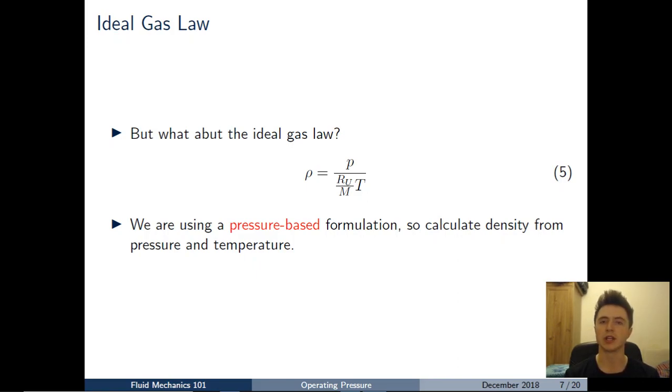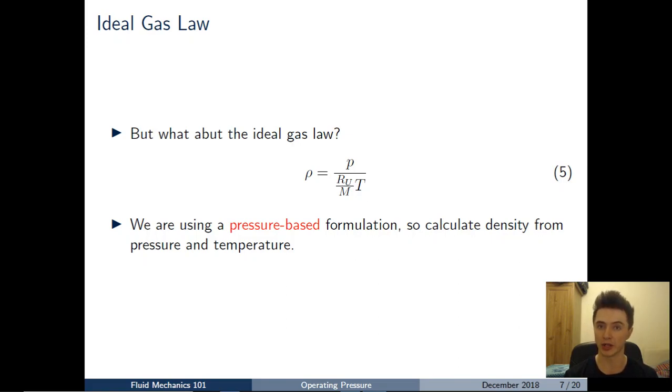And the reason we use this formulation of the ideal gas law to compute the density is usually in incompressible flow solvers we use a pressure-based formulation for the equations, and that means we solve the momentum equations for the velocity field, and then we manipulate the continuity equation into a Poisson equation for pressure. We use that to solve for pressure, and then we calculate the density from the equation of state, in this case the ideal gas law.